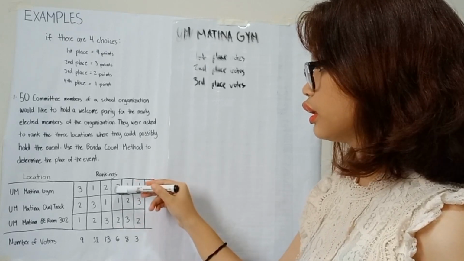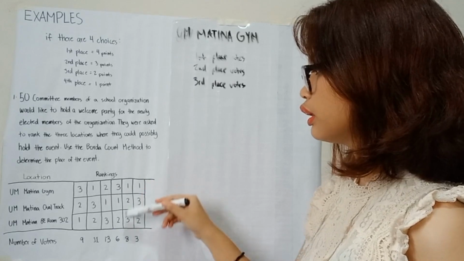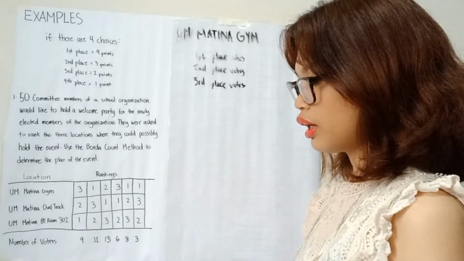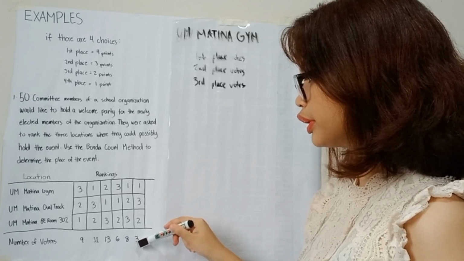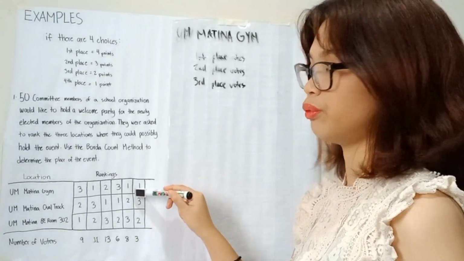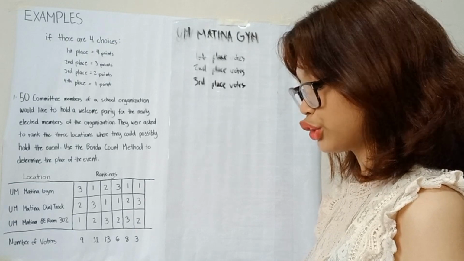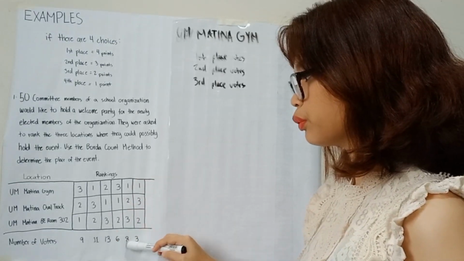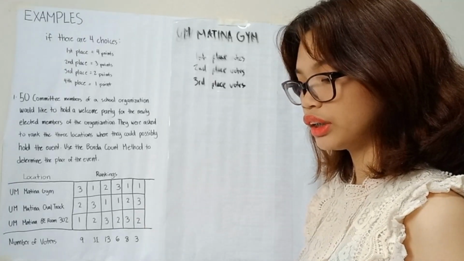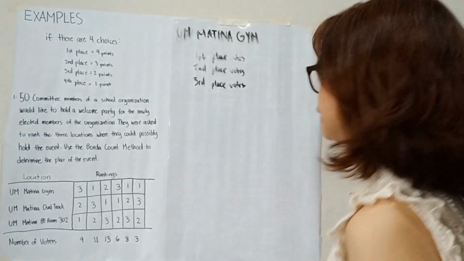The 6 voters selected third place. The 8 voters selected first place. So 11 plus 8, plus the 3 voters who also selected first place for Matina Gym. So 11 voters plus 8 voters plus 3 voters is equal to 22 voters.